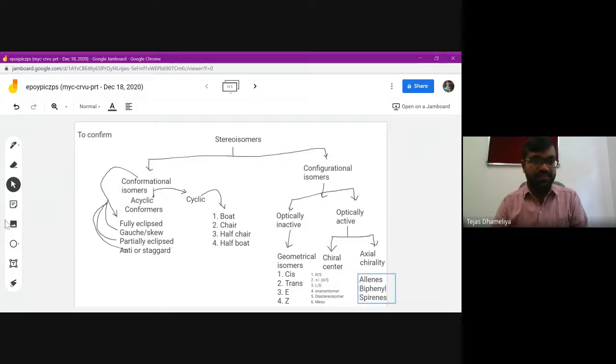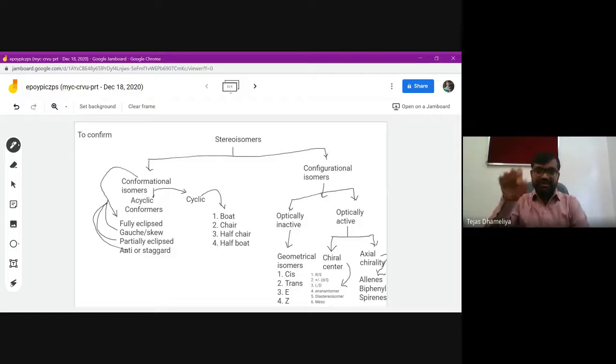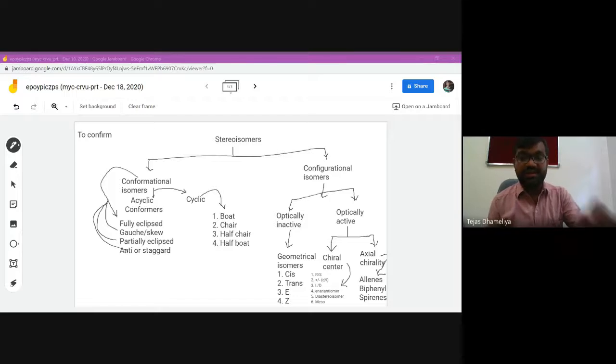So basically chiral center, R, S, L, D is one structural class framework, and axial chirality is another. My drawing is not as good as yours would be. This is a class of stereoisomers. There are several types which we will learn in our coming class.